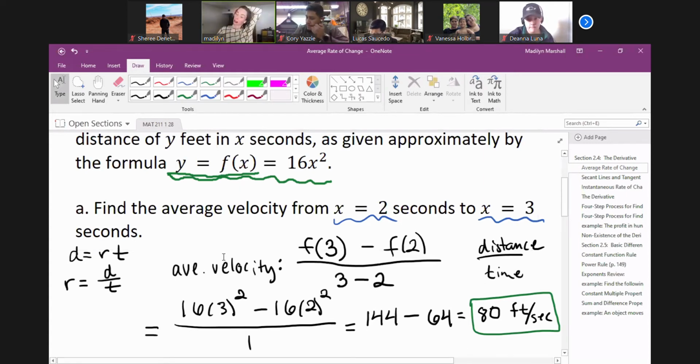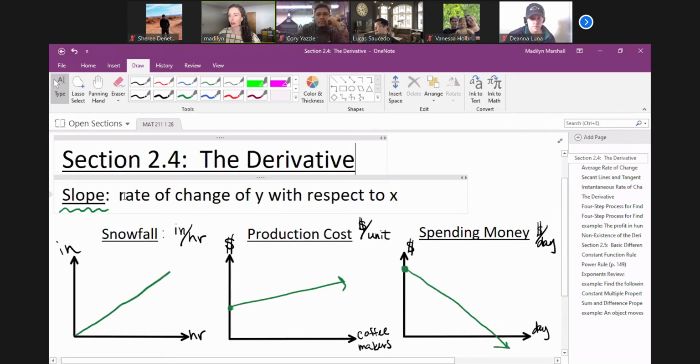So here we're looking for the average velocity. So we can take the distance that we traveled divided by the time it took to travel that distance. This isn't quite the concept of derivative, but it's going back to this concept of a rate of change.